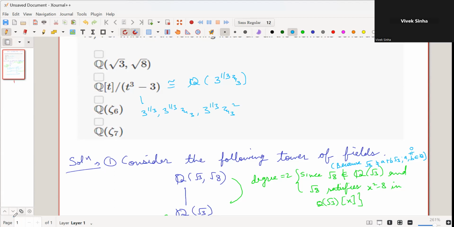As an isomorphism to a field of this kind, I'm not sure whether we can write it or not. Because when we are quotienting it by t squared minus 3, then we know that root 3 will generate the other root also, minus root 3 also. But in this case, one root is not generating the other.